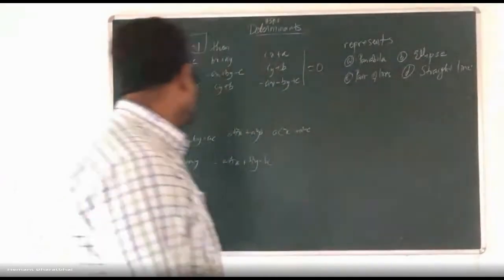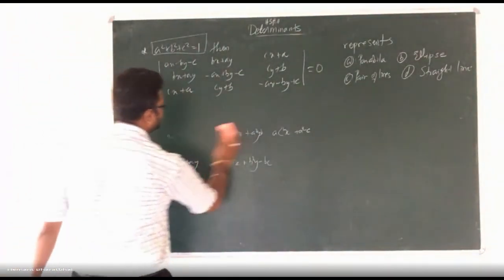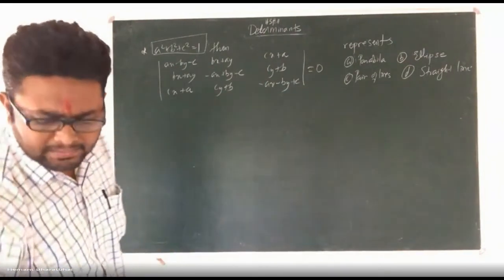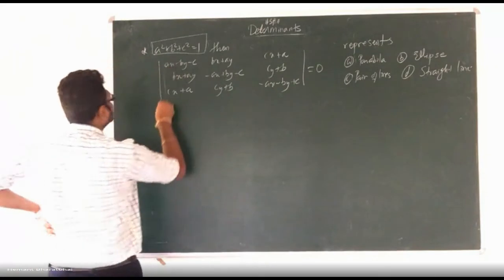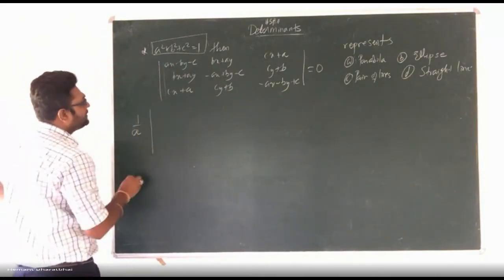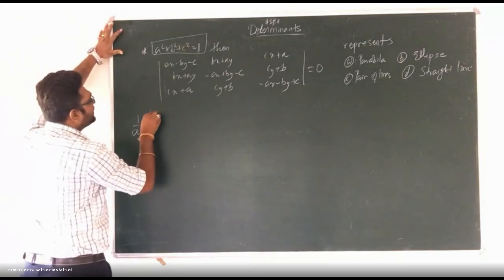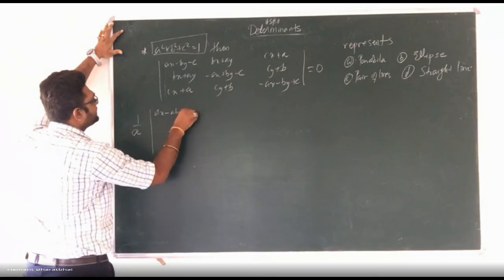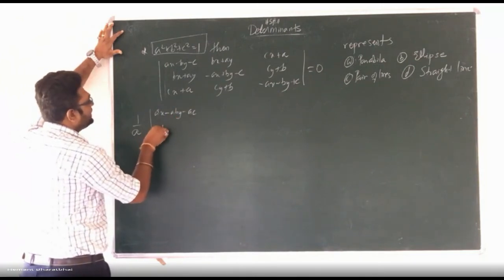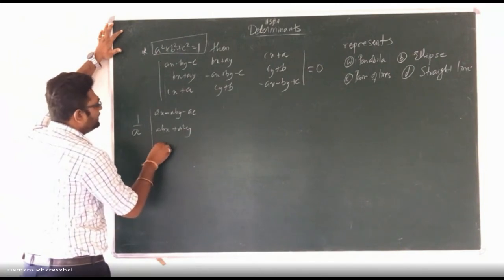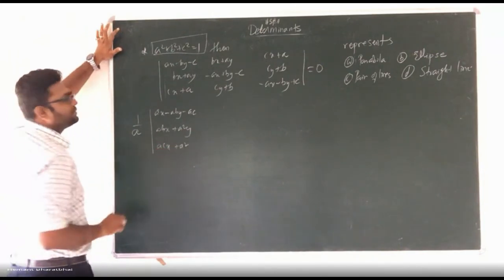Okay, so what we are going to do is, we will multiply this first column with A. So multiply and divide with A. So I'll get A square X minus ABY minus AC. Here I'll get ABX plus A square Y, and here ACX plus A square.